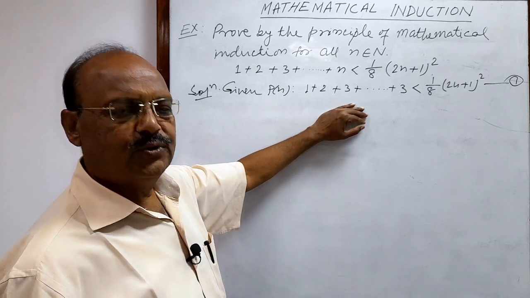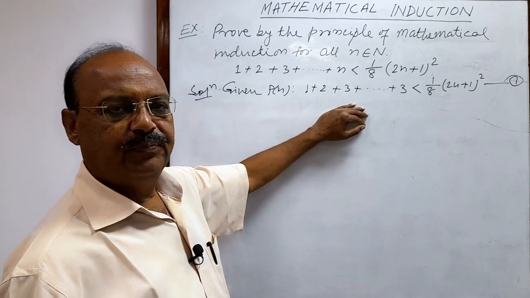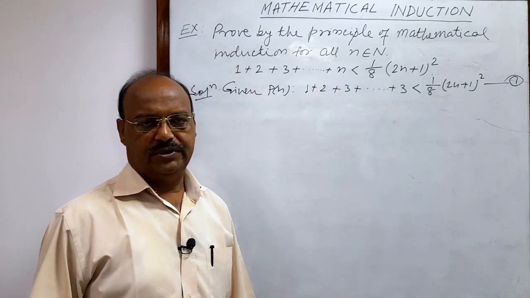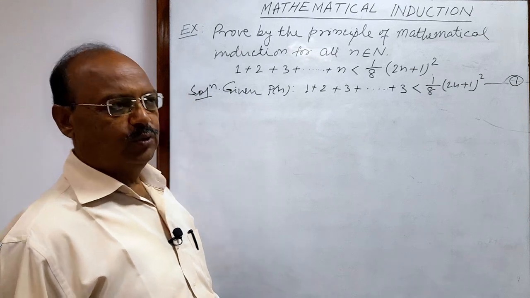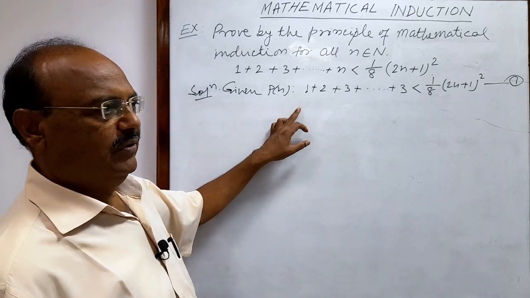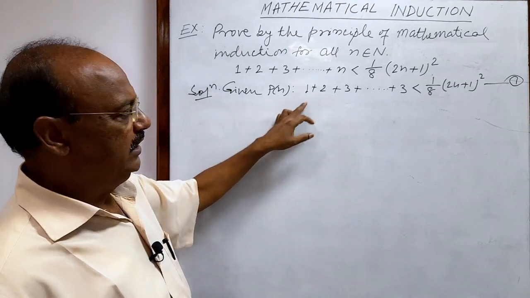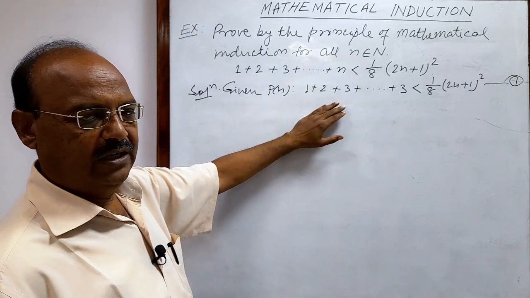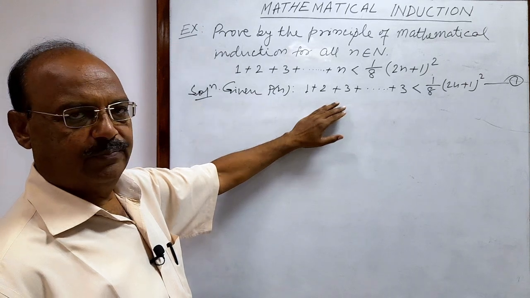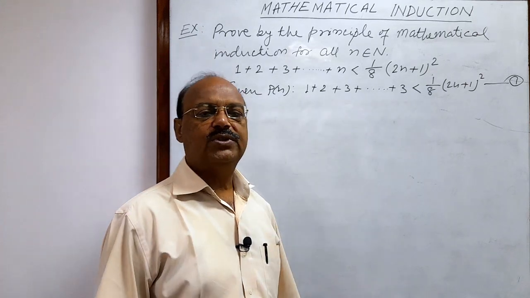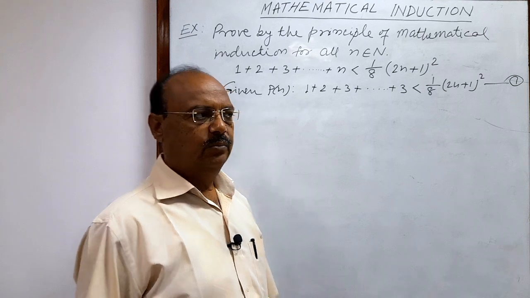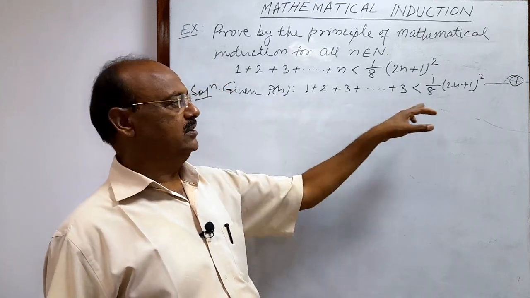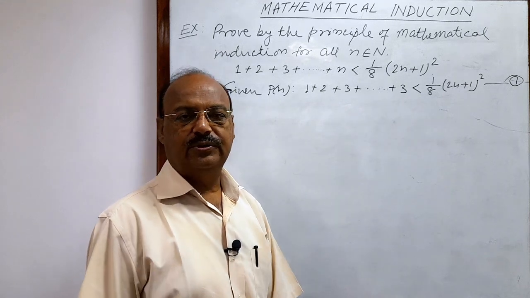We have discussed so many questions in previous videos, that this type of question can be solved in only 3 steps. First step, we will prove that P1 is true. Means when we put n equal to 1, we will get P1 and we have to show that P1 is true. Second step, we will suppose that Pr is true. Means we will put n equal to r and assume that this statement is true for n equal to r.